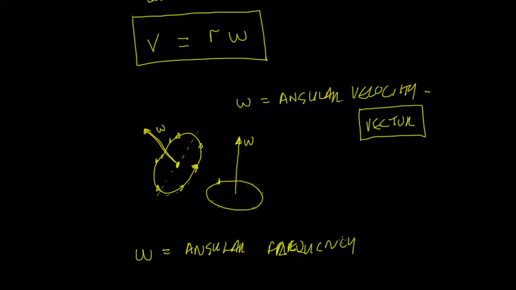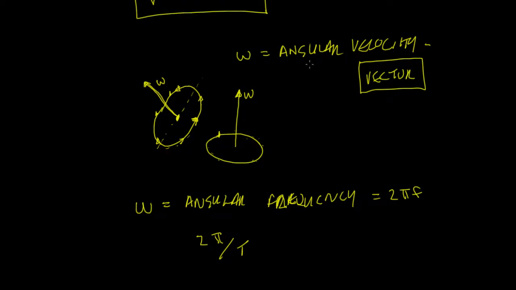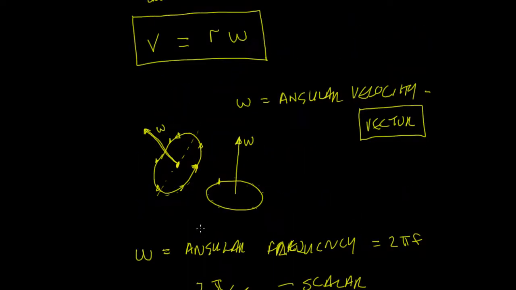Now the angular frequency, you'll see it written as 2 pi f, which is also 2 pi over T. Frequency is 1 upon the period T, so it's still in radians per second, still the same units as angular velocity, but it's a slightly different thing because angular frequency is a scalar quantity. It doesn't need a direction associated with it.